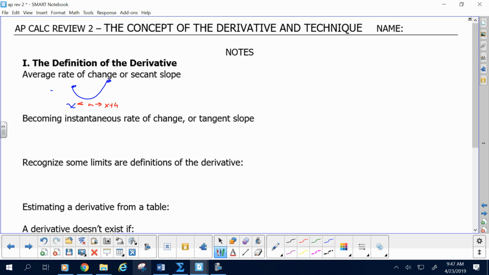Then the slope between those would be the change in y. Slope is always change in y over change in x. Change in y is f at x plus h minus f at x over change in x, which is x plus h minus x. That's the slope between 2 points, and that's just any old points on the curve.